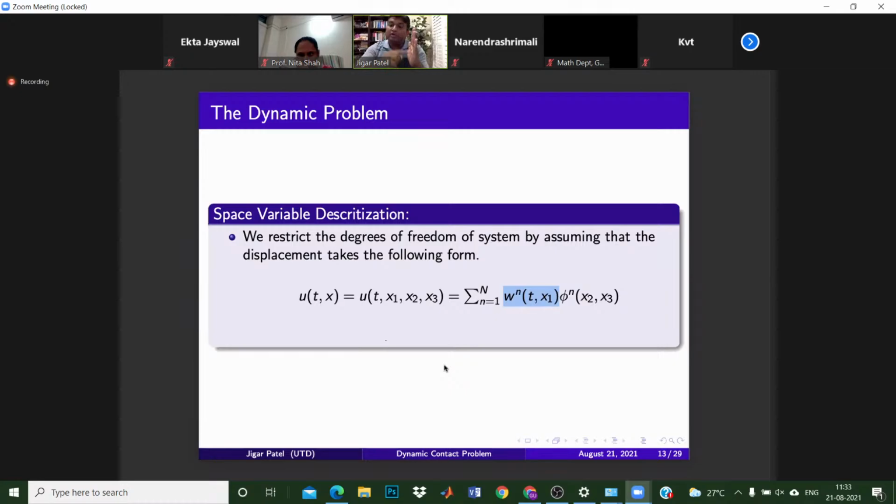So if I know the movement of all the points that are connected to the supporting wall when the crack is closed, then Wn of t comma x1 represents the location of all those nodes at any time t. That's how we do the space variable discretization.